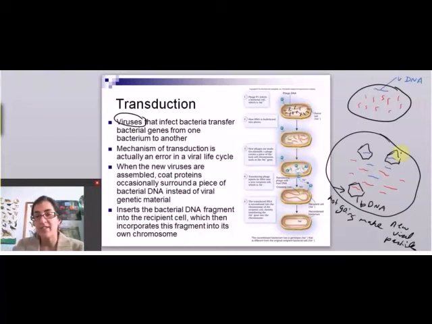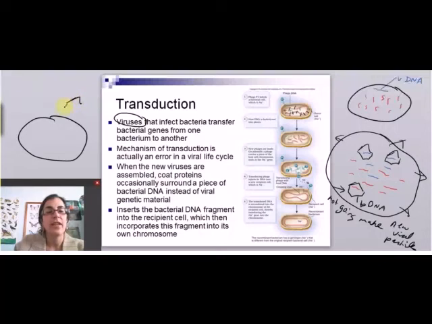So this is the infected cell. Remember that the virus is going to burst out of that infected cell and kill the infected cell. And out come all of these viral particles. But if this viral particle goes to a new cell, so here's the new cell, here's that viral particle landing there, and I'm making it much bigger just for simplicity, it's going to send that into this new bacteria, and there's its bacterial DNA. But because this isn't the viral DNA, this isn't going to turn this into a viral machine.